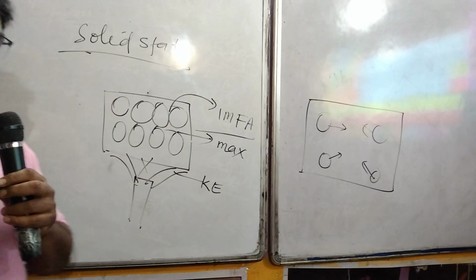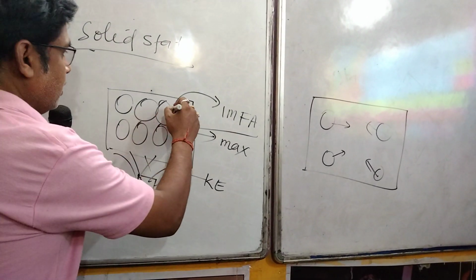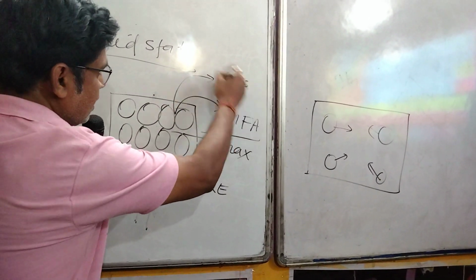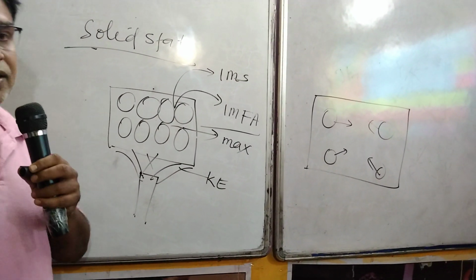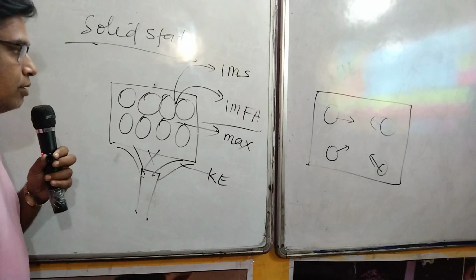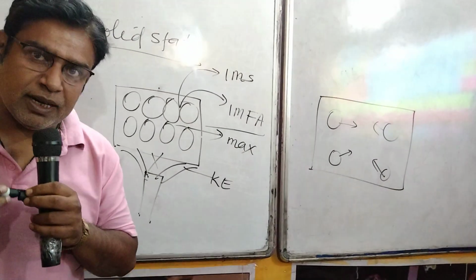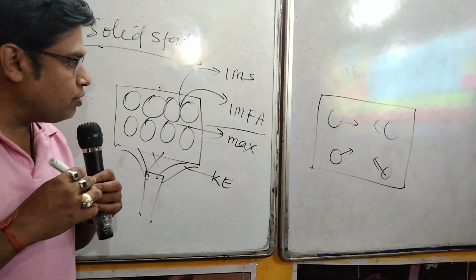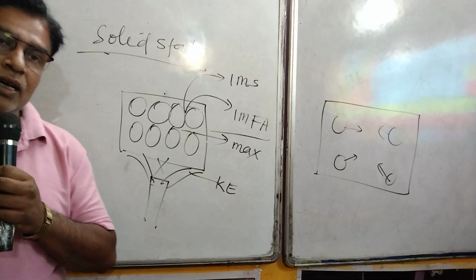The intermolecular forces of attraction is maximum in solids, whereas the intermolecular space IMS is least, है ना? तो स्पेस दो पार्टिकल्स के बीच में बहुत इंटरमॉलिक्यूलर स्पेस कम रहता है, और इंटरमॉलिक्यूलर फोर्सेस ऑफ अट्रैक्शन सॉलिड्स में काफी ज्यादा है.